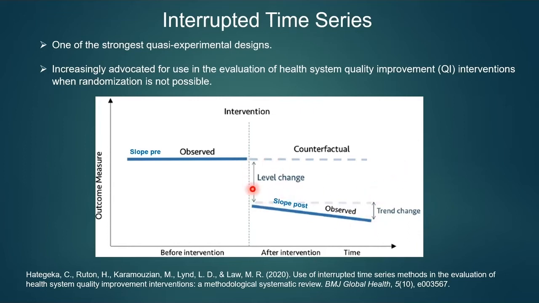And then there are statistical methods available using standard regression models to assess whether there's been a jump, whether there's been a change in slope, and whether there's been either or both. And it's a very nice method. Here's a paper for more information if you wanted to read more about this approach.